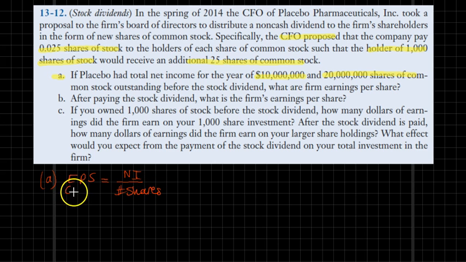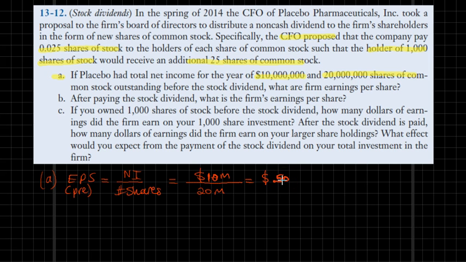Remember, this is before the stock dividend. Net income was $10 million, and the number of shares outstanding was 20 million. As a result, the earnings per share was 50 cents.